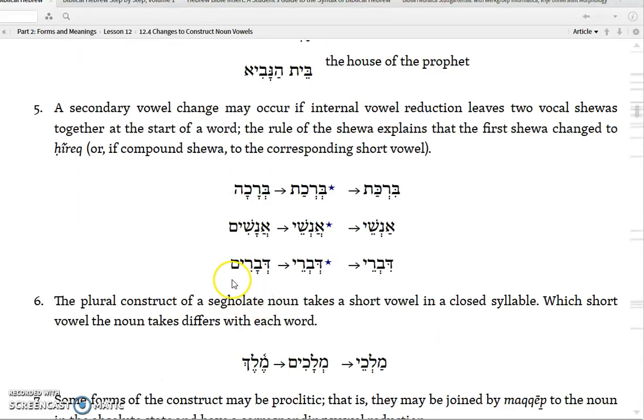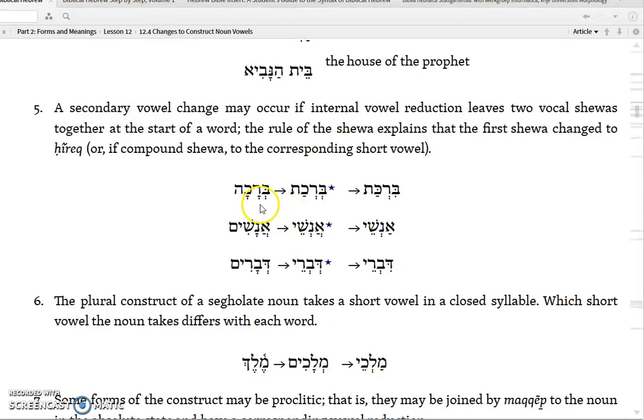A secondary vowel change may occur if the internal vowel reduction leaves two vocal shavas in a row. So for example, you have the word blessing, berakah. Well, the first thing that you would do is, here you have a kamatz hey, and when you make it construct, that has to become a patah t. So that's the first step.